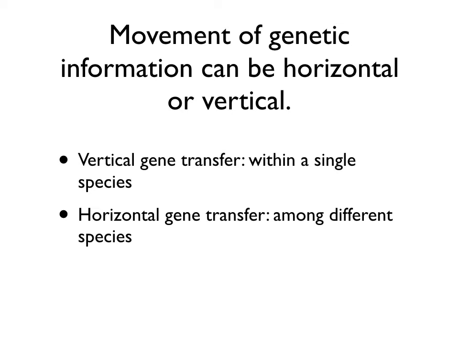And so, one thing I want you to keep in mind is that the movement of this genetic information among bacteria can be categorized or classified as horizontal or vertical. In vertical transmission, what we have is a single species in which different individuals are exchanging genetic material. Okay? So bacteria do not reproduce sexually like humans do, right?